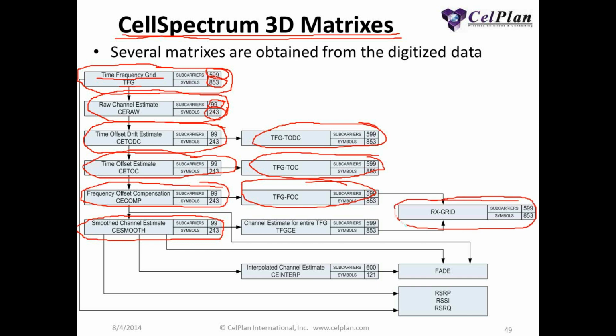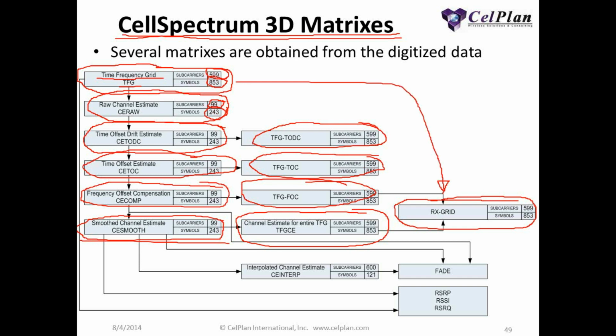The RX grid is basically a corrected TFG with all 600 subcarriers and 853 symbols. So it's 6.1 frames, adjusted and corrected for the channel distortion and so on. And that's our RX grid.